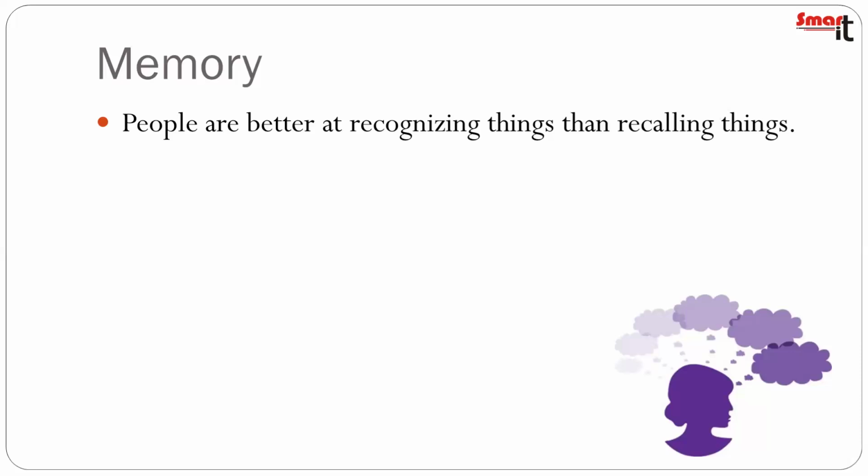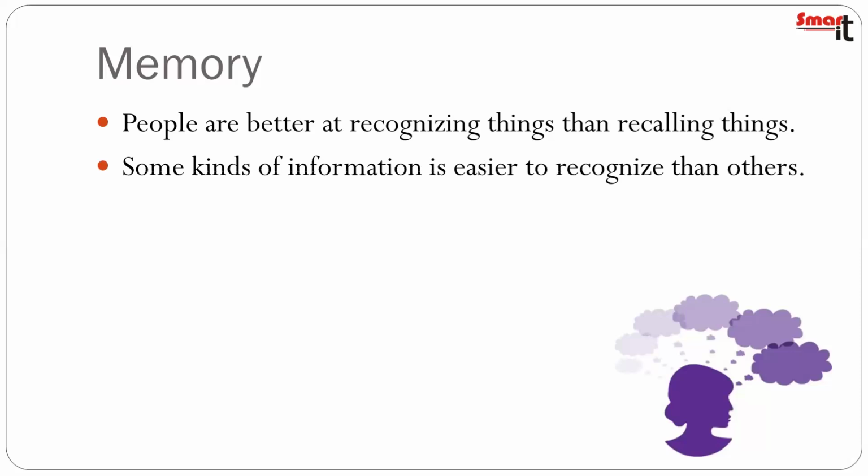Seeing something and identifying that I have seen this person before, I have experienced this before, that is called recognizing. Recalling means without any clues or items, you are going to remember those things. So actually recognizing things is easier than recalling things as human beings.